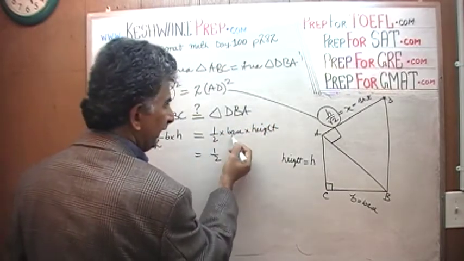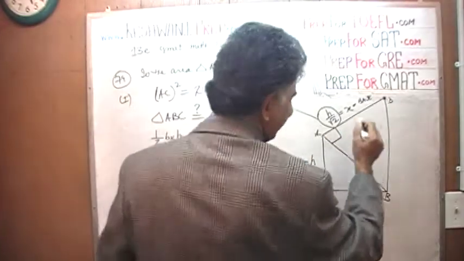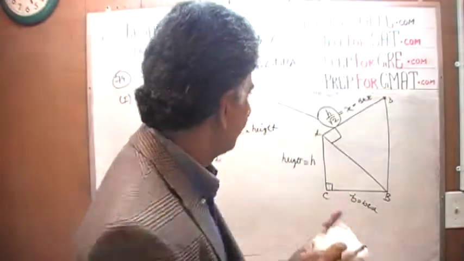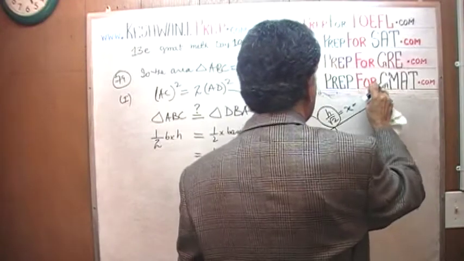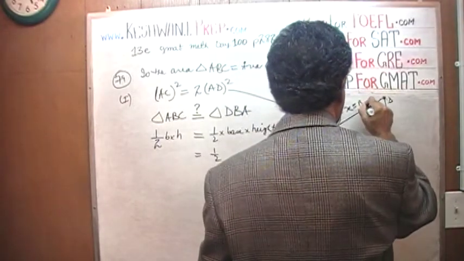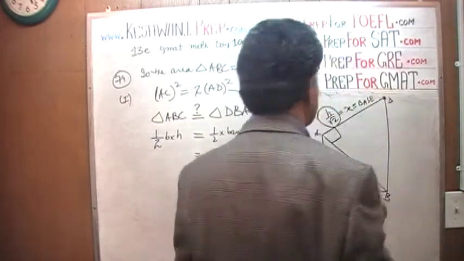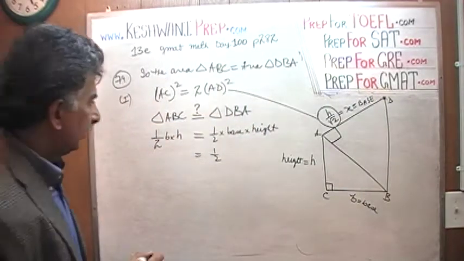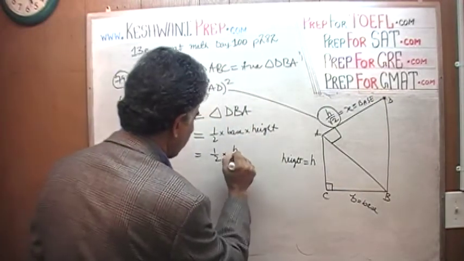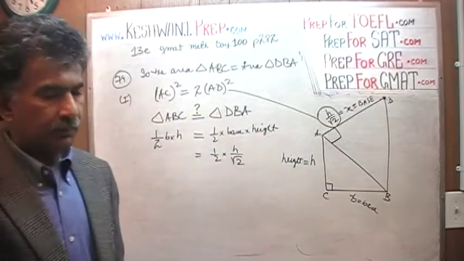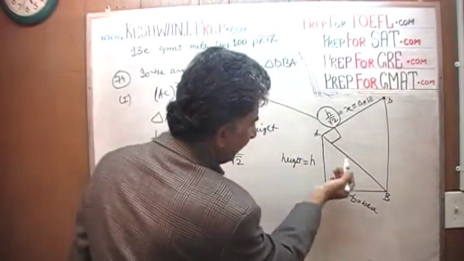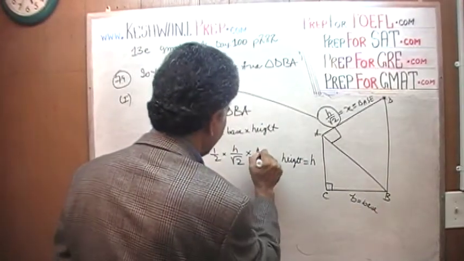The base is this part right here, H over root 2. The height is this part, A to B.